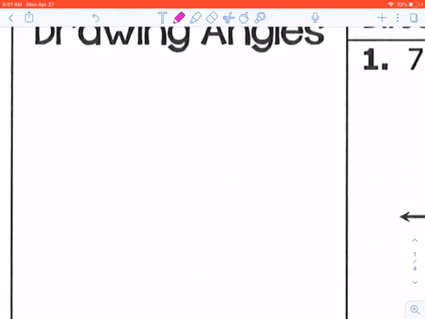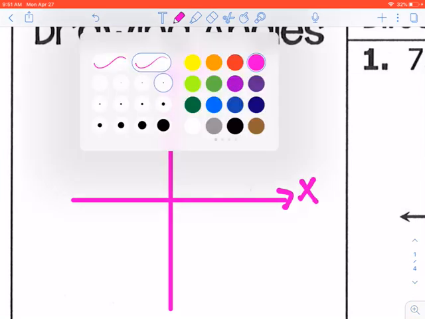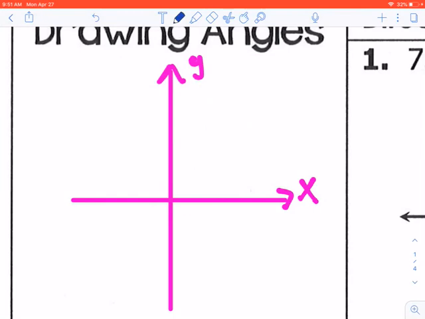Since we're on a coordinate system, let me show you here. If you think about it, this coordinate system has perpendicular lines. The x and the y-axis are perpendicular, so what you have here is 90 degrees.